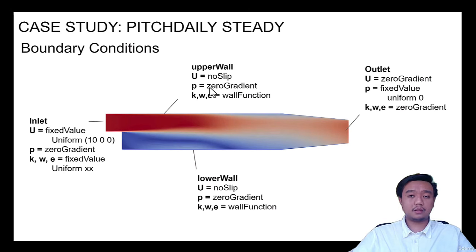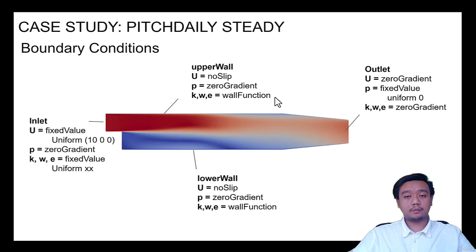And for the wall, we can also input a velocity, let's say from the previous example, the lid driven cavity, where we used a specified X velocity on the wall. So it is also possible if you need to do that. And the pressure is zero gradient, which means that it will be automatically calculated based on the flow, so it will vary along the flow.